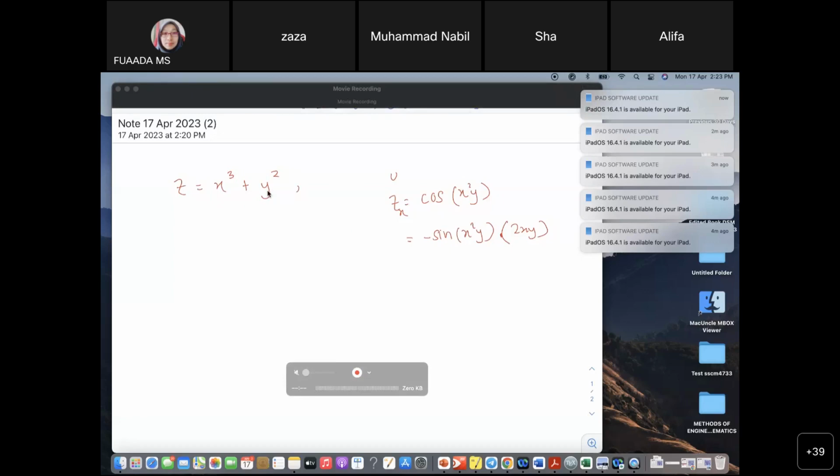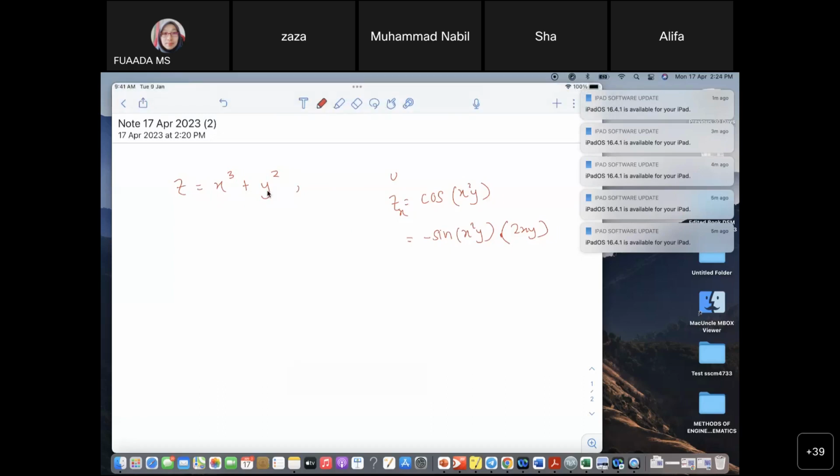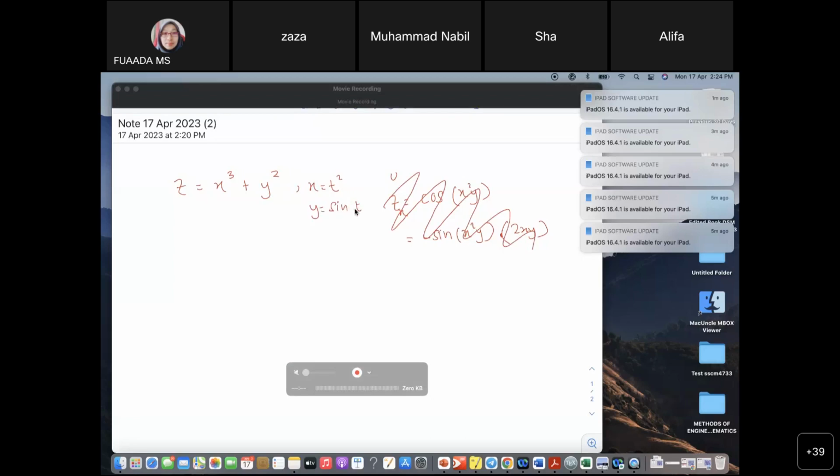So this is not a direct composite function. So here, x in terms of t is given by x equals t square, and then y is given by sine t. So for this example, how can you find out the derivative with respect to t?